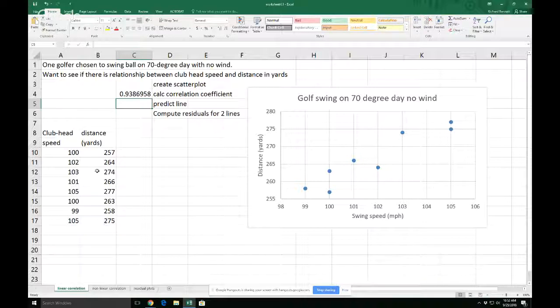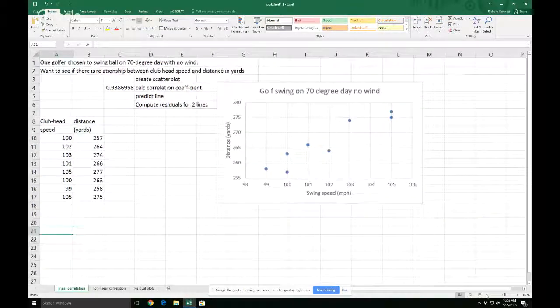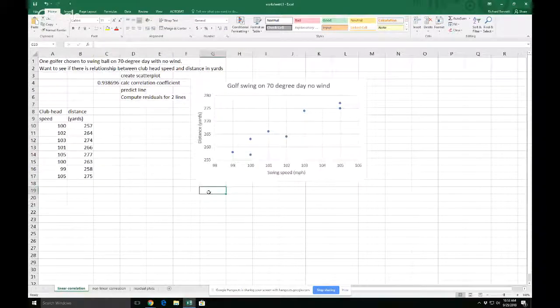All right, so now we need to predict the line. These are the equations that I've got here. So I've got your slope, m equals r times s sub y divided by s sub x.